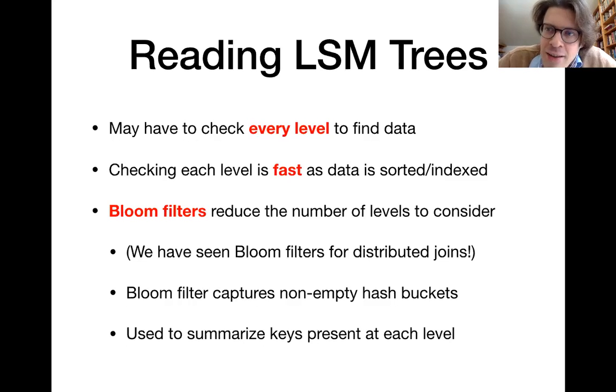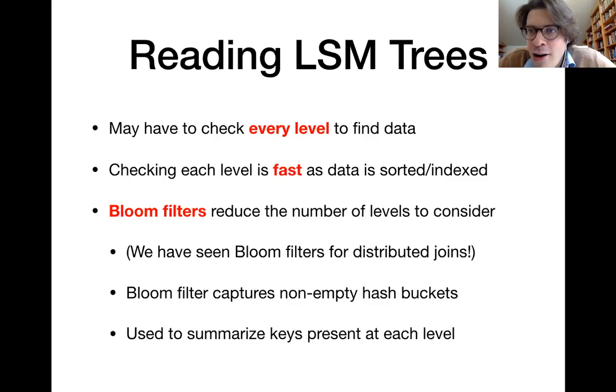And Bloom filters is also something that we have quickly seen in the context of distributed join processing. It is essentially a hash table which contains bits for specific hash buckets that tell you whether corresponding entries are in your data set or not. So since multiple entries map to the same hash bucket, it means that if you have a 1 at one of those hash buckets, that may refer to the data you're looking for.